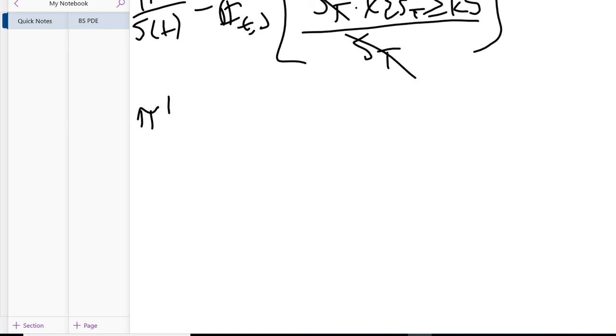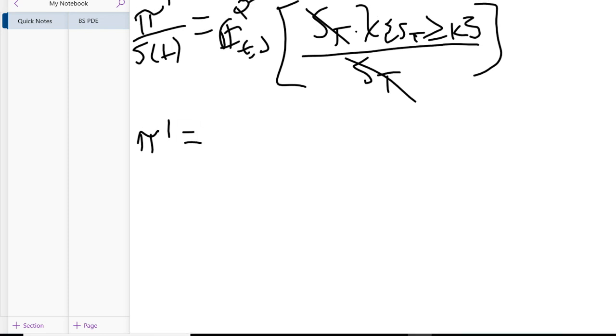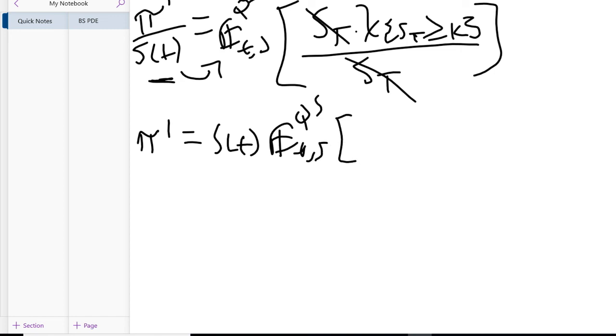So pi 1 is now, moving the S(T) numerator over to the other side, S little t times the QS expectation of the indicator that S(T) is greater than K. Okay, so this looks familiar.